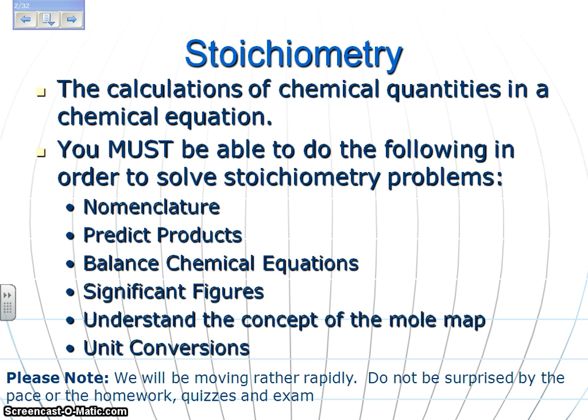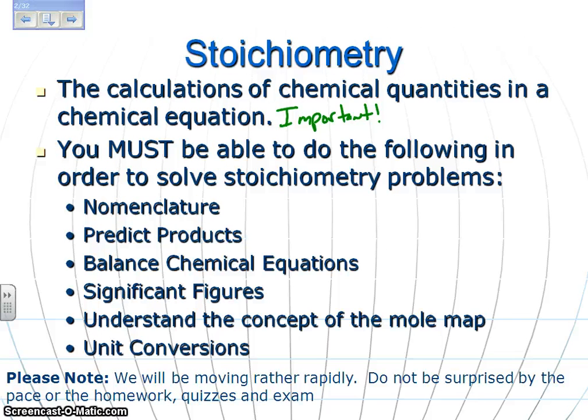Now, stoichiometry, by definition, is the calculations of chemical quantities in a chemical equation. This is an important definition. You must be able to do the following in order to solve stoichiometry problems. You need to know your nomenclature.